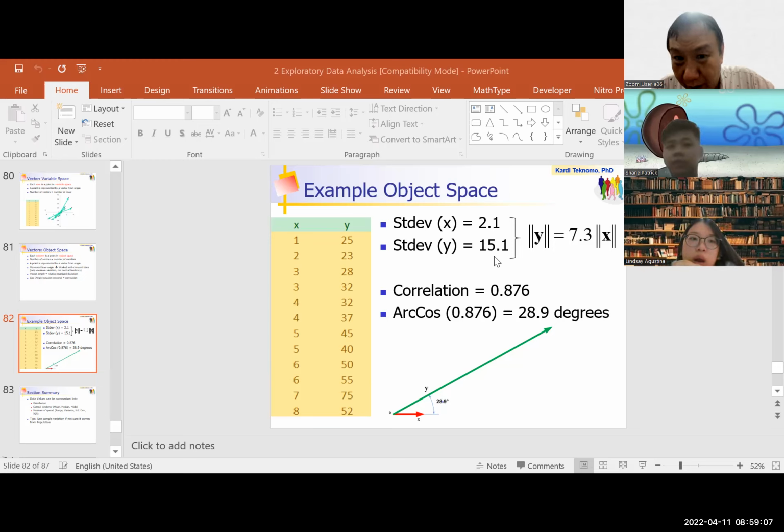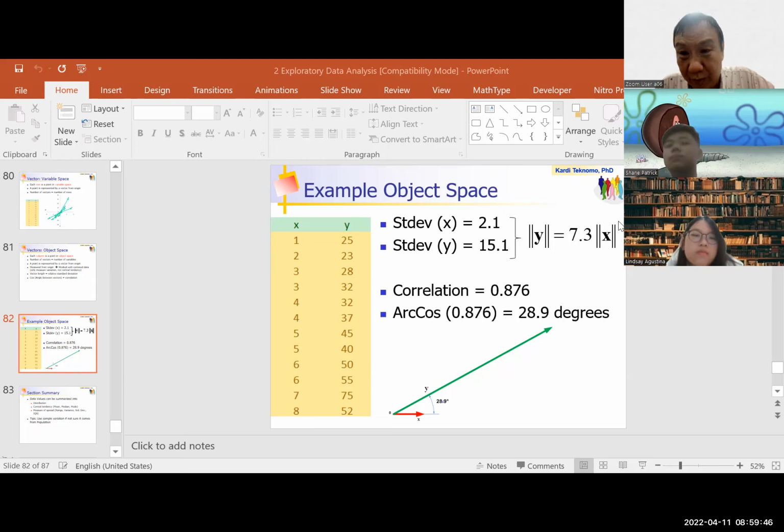Yeah, I guess it's okay, sir. Yeah, it's okay, right? Now, this standard deviation represents the length of the vector. That means I will calculate the standard deviation of y divided by the standard deviation of x. 15.1 divided by 2.1, how much? 7.3, isn't it? Approximately. Now that means the length of y is 7.3 times the length of x.